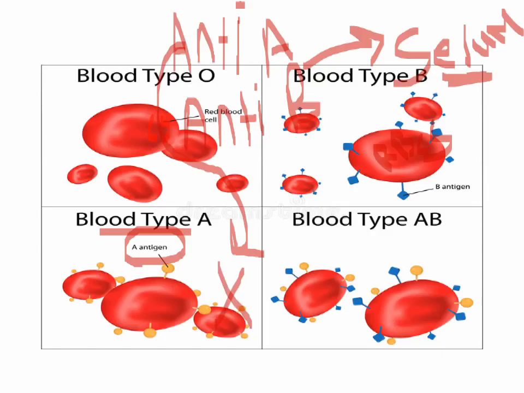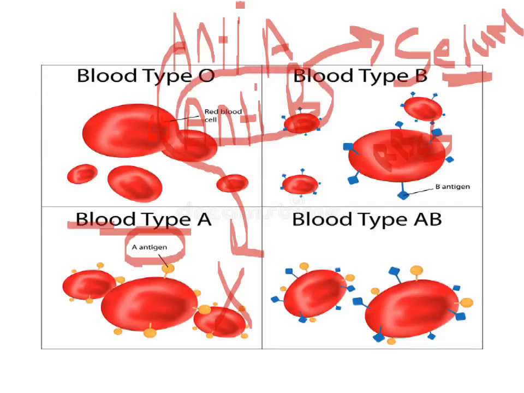Logically, your body is not going to form antibody against your self-antigen. Since this is your self-antigen, which is not a foreign antigen, it's a part of your red blood cells, you're not going to have antibodies against it. But you are going to have anti-B, which is against antigen B.